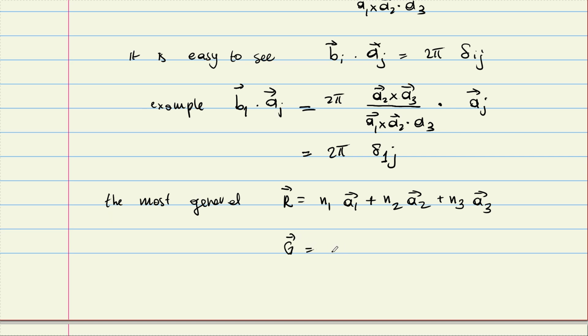G, the most general G, is going to be some V1 B1 plus V2 B2 plus V3 B3. Here all Ni and Vi are integers.